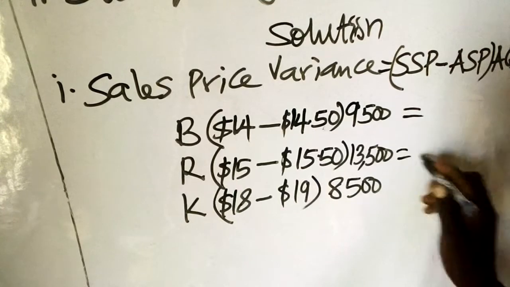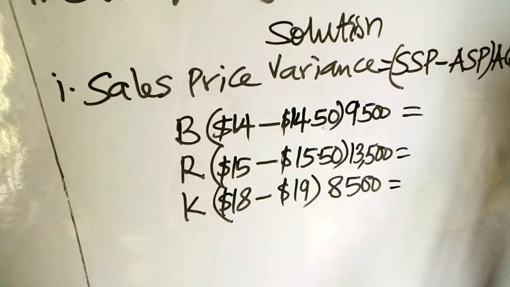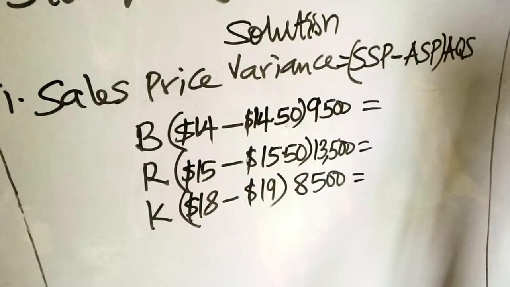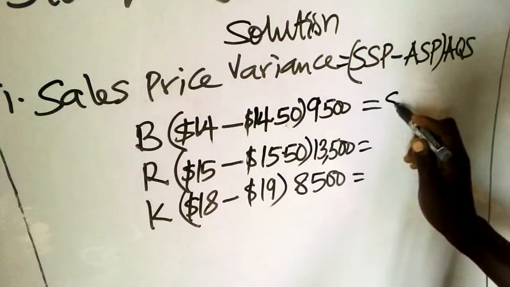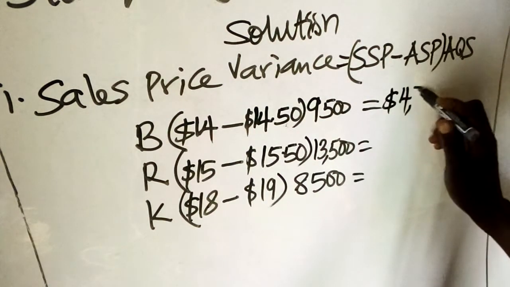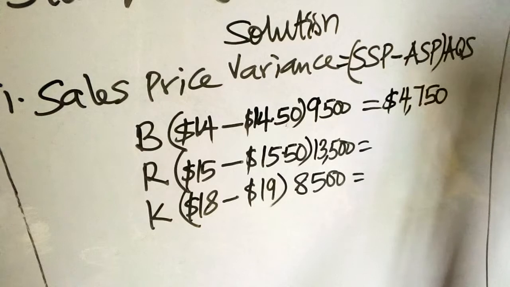So what is therefore the sales price variance? For B, if you have 14 minus 14.5, that will give you 0.5. 0.5 times 9,500 will give us $4,750.